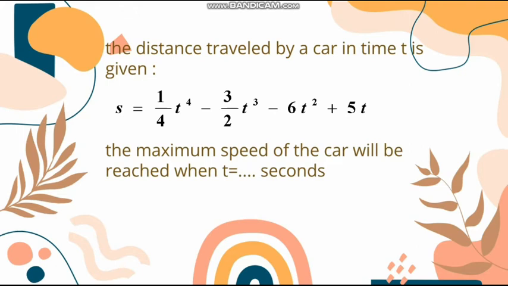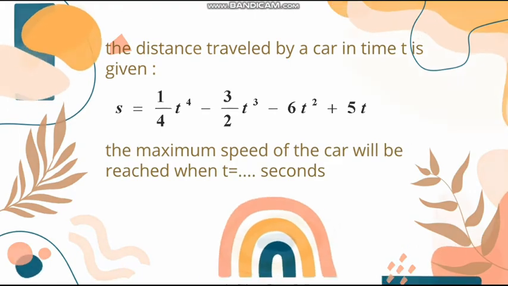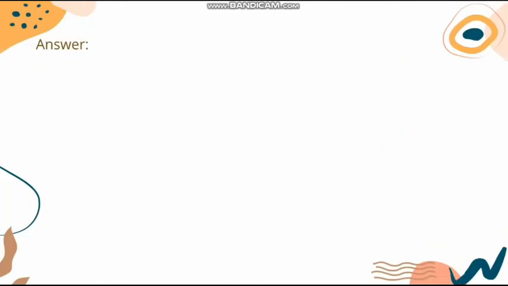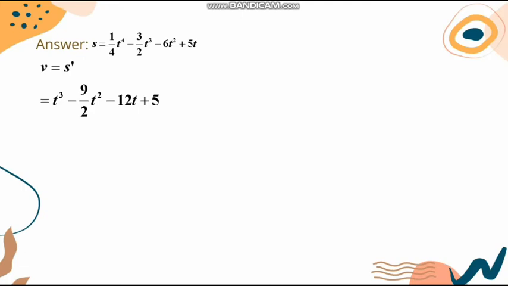Remember the maximum velocity condition is v prime equal to 0, but the formula for the function v we don't know yet. So we have to find the formula for v first. So v equals s prime.